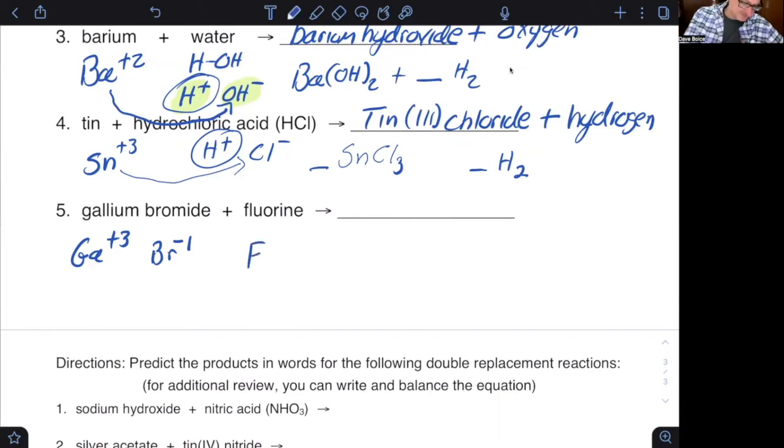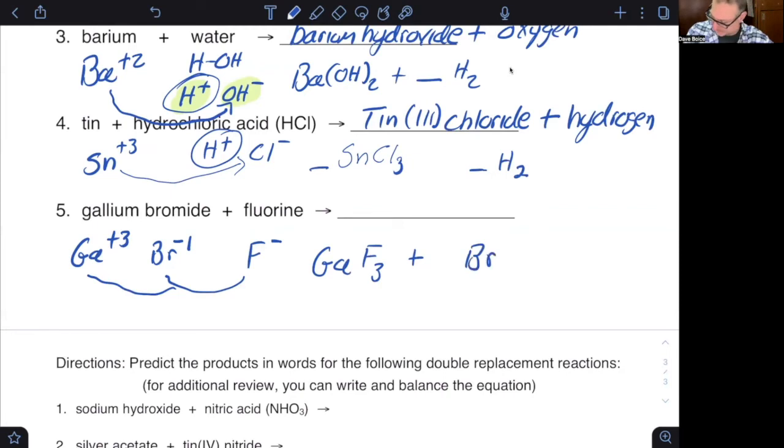Okay, and there actually is a reactivity chart for nonmetals, but since it's not part of our forms, we're just going to go ahead and assume that the reaction will take place. So if fluorine breaks apart this compound, which one can it go with? Well, like charges repel, so it's going to have to be the gallium. Positive comes first. Okay. And then the bromine is going to end up on its own. Okay.